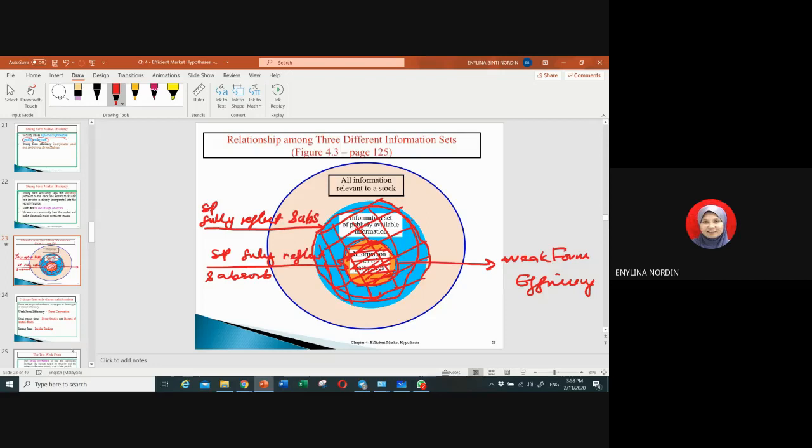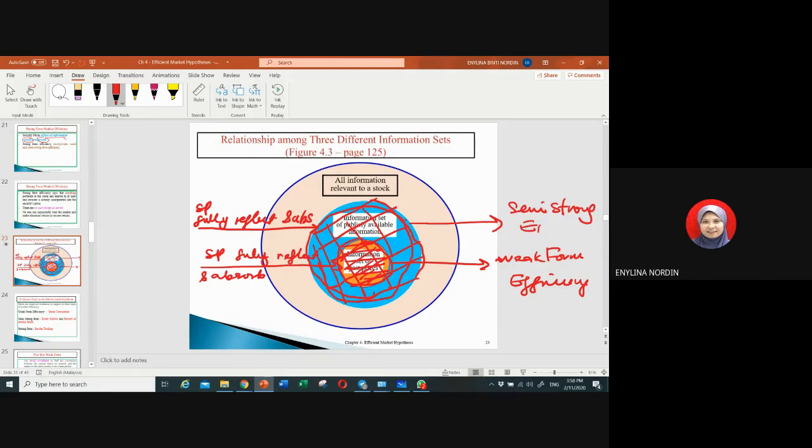Now the market efficiency becomes stronger, but this time it becomes what? Semi-strong, not fully strong. Okay, semi-strong efficiency. Why is it only semi-strong? Because we still have other information which is not yet absorbed into the stock price.